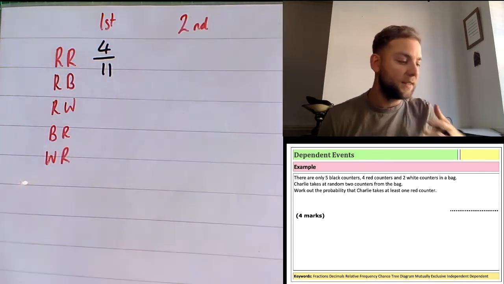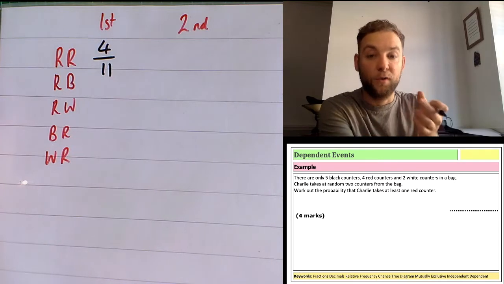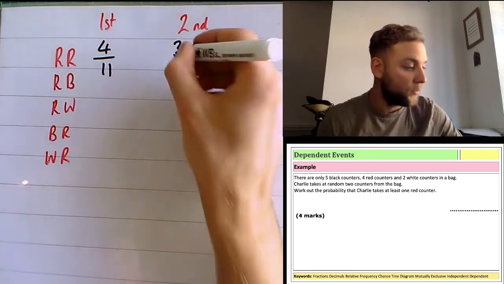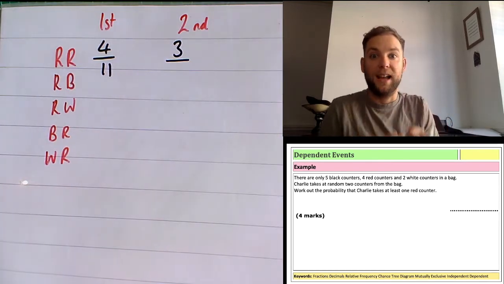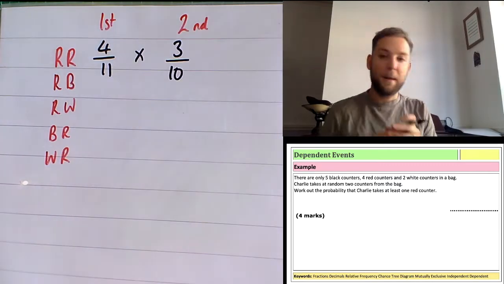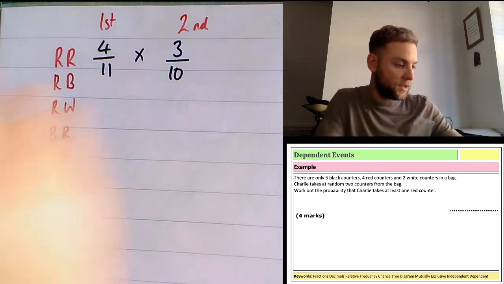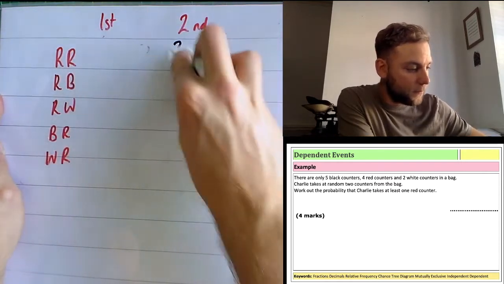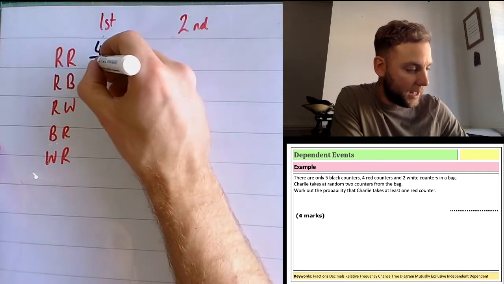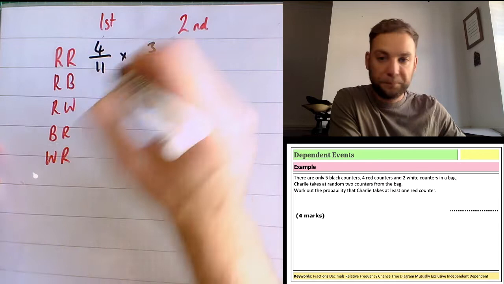Well, there was 4 in there, he's taken 1 out, there's now only going to be 3 in there, out of a total, well, there was 11, he's taken 1 red out, so that means it's out of 10, okay? And remember that we're looking at the probability of picking red and then red. So it's going to be 4 out of 11 times 3 out of 10.